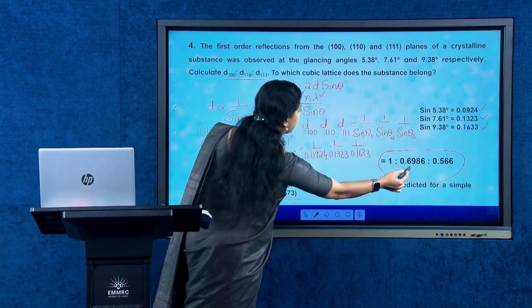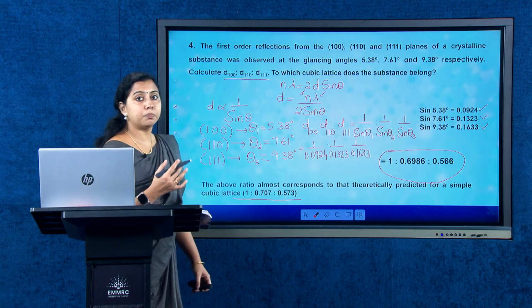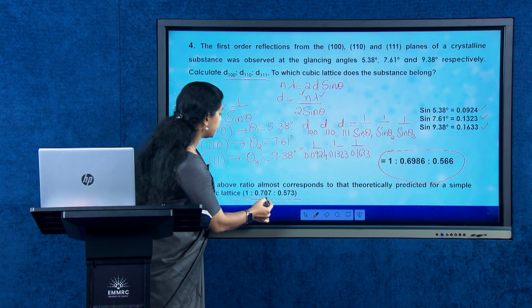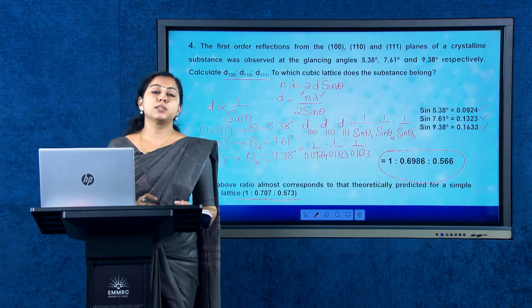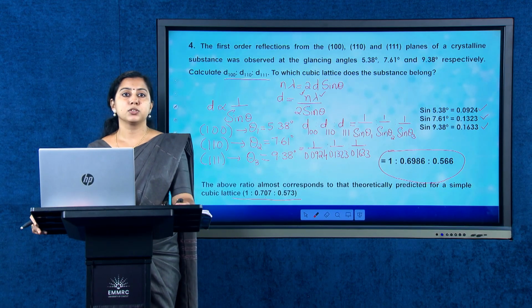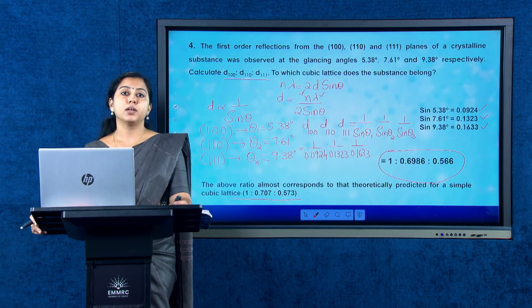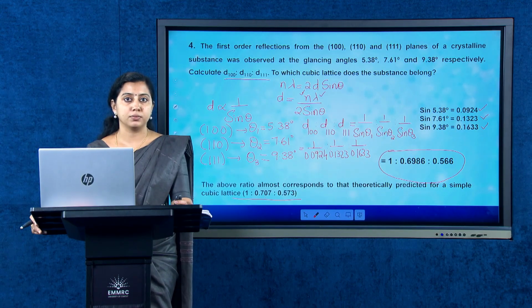We have 1 is to 0.69 is to 0.56 and the theoretically predicted value for a simple cubic lattice is 1 is to 0.707 is to 0.573. So, that means this substance belongs to a simple cubic lattice. So, using Bragg's equation, we can also identify to which cubic lattice the substance belongs.